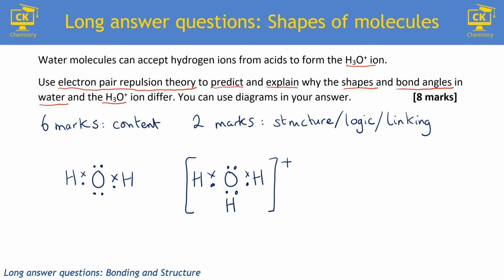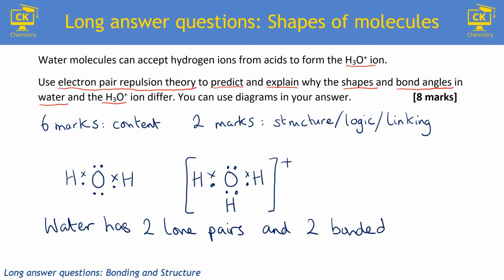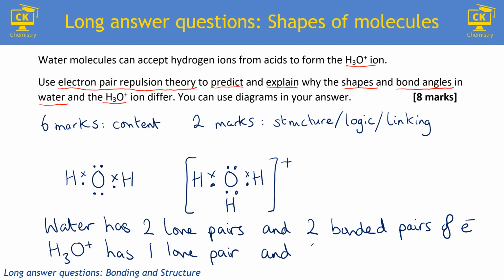Now I've actually shown the number of sets of electrons, because I've drawn a dot and cross diagram, so I might get those points, but let's be super specific and say that water has 2 lone pairs and 2 bonded pairs of electrons, whereas H3O+ has 1 lone pair and 3 bonded pairs of electrons.